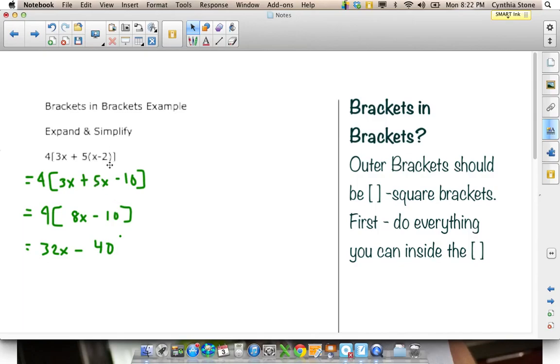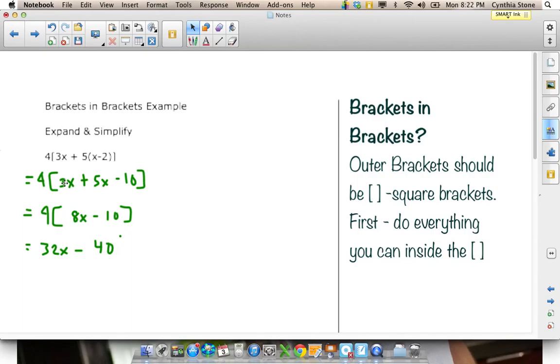Plus 5 times minus 2 is minus 10. Right? I distributed the 5 through. I can get rid of the inside bracket, so I no longer have brackets and brackets. So I'll simplify in here. I can simplify by going 3 plus 5, so I get my 8x and minus 10 right there.